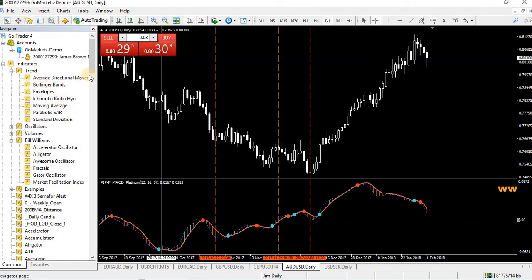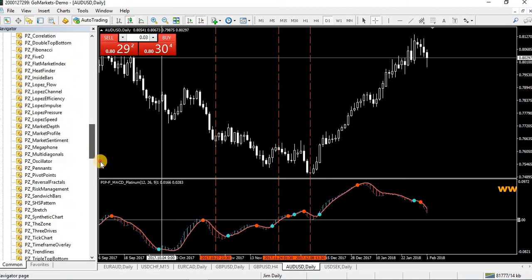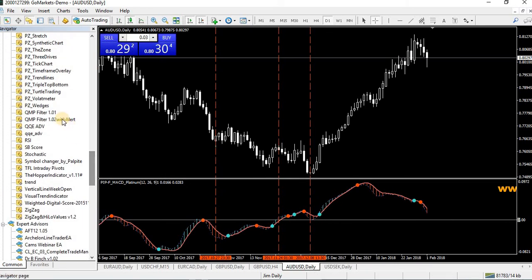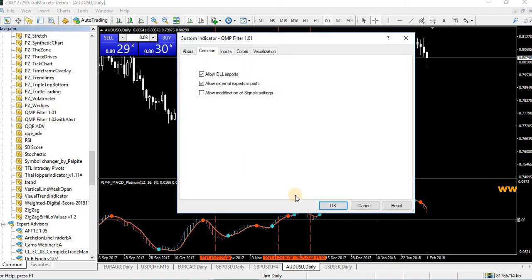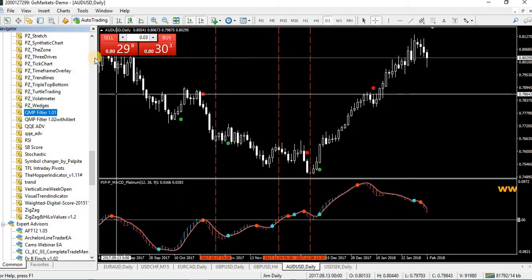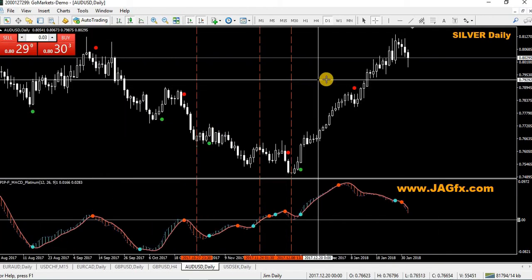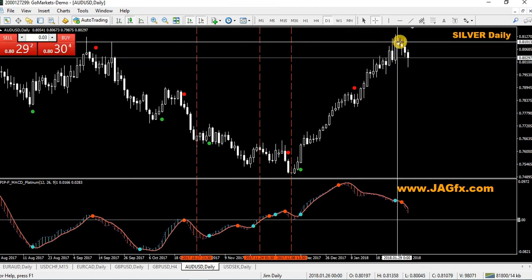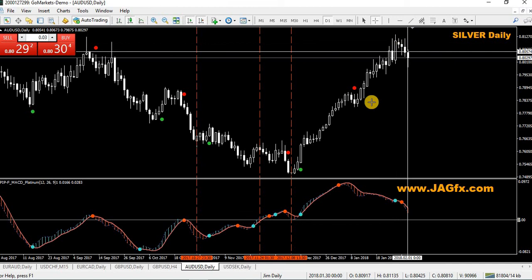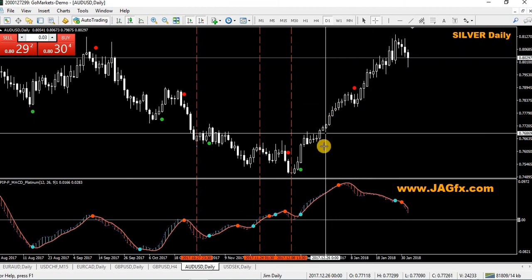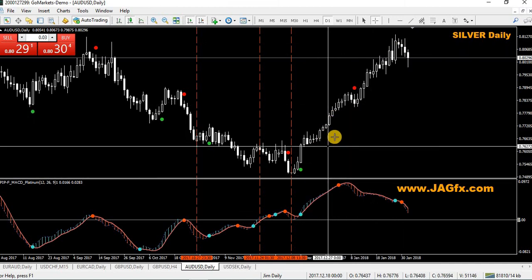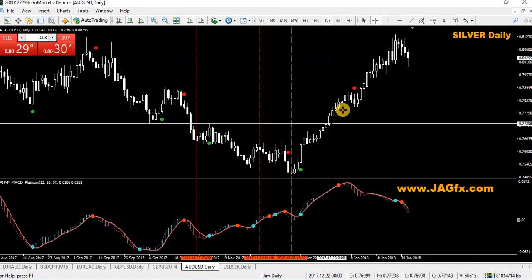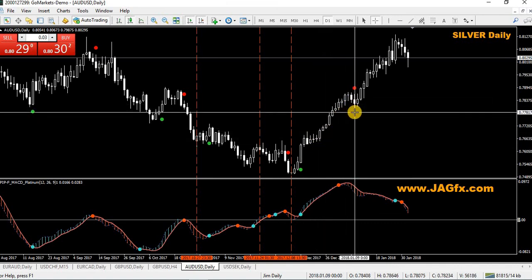Have a look at it, got that many indicators. So I put my QMP filter on, and that's where I took the sell there, and see price is just going up and up and up. I've taken another sell up here, but that high probability, the 4 lines or the SAR method would still have me in that trade.